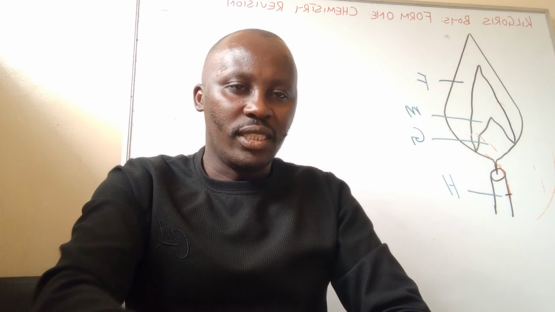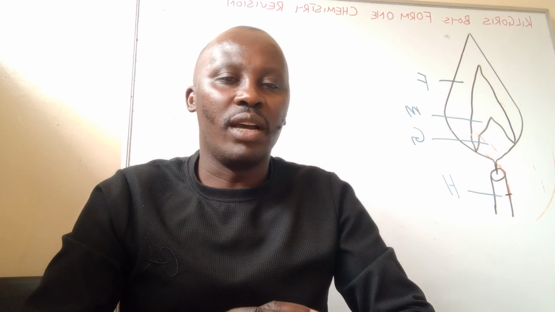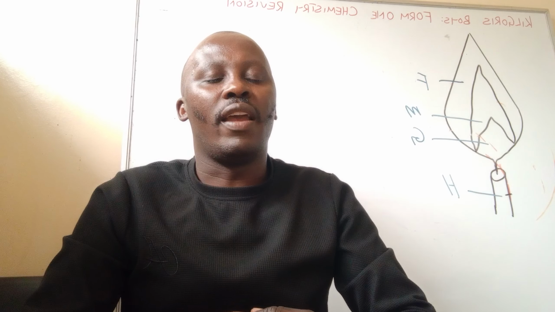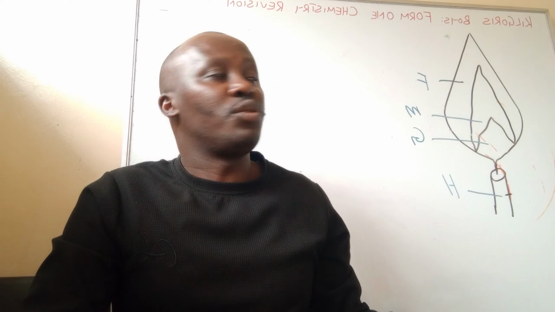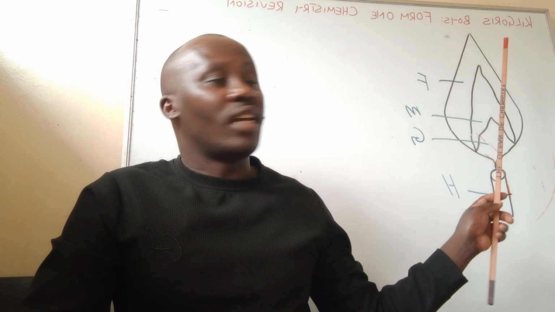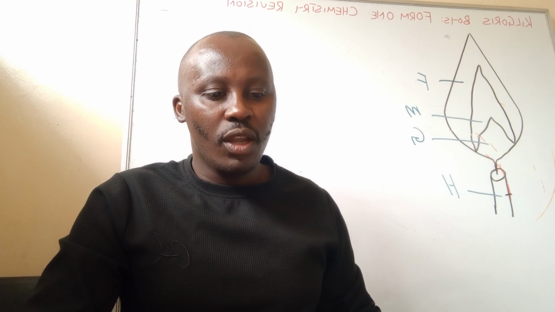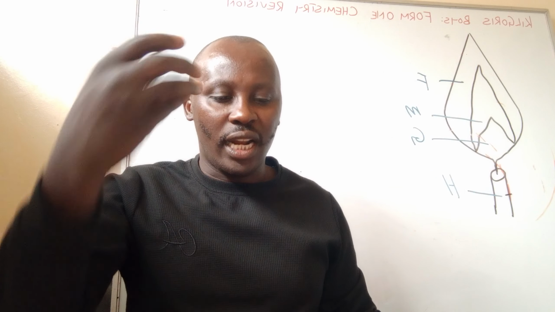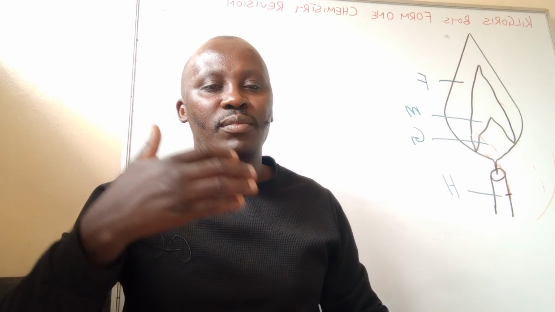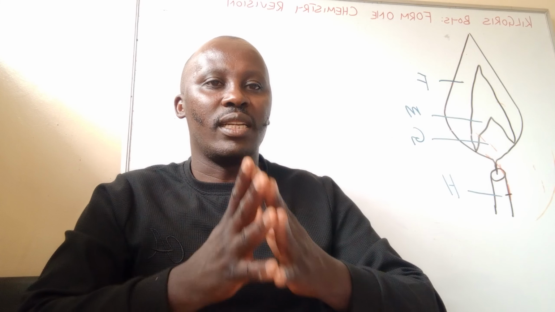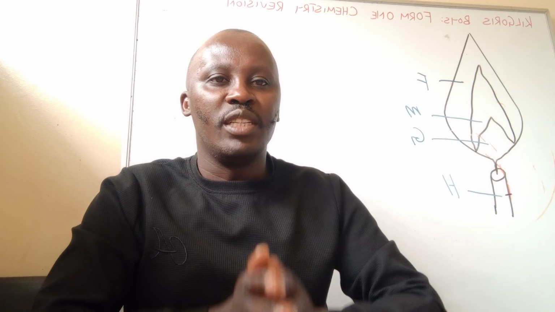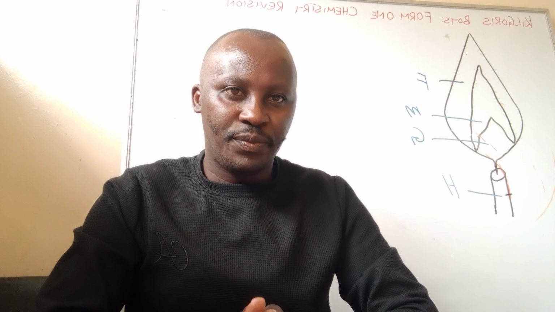Question 1 asked: the figure below shows the Bunsen burner when in use. A candidate is supposed to name all the parts labeled F, M, G, and H.